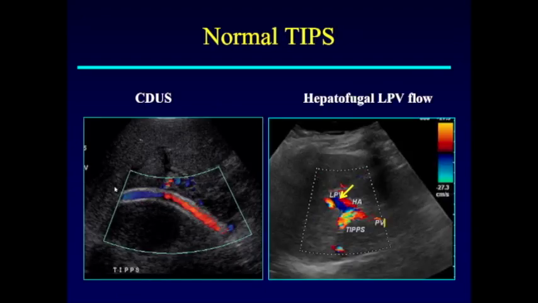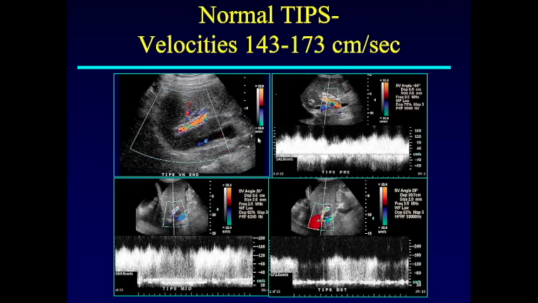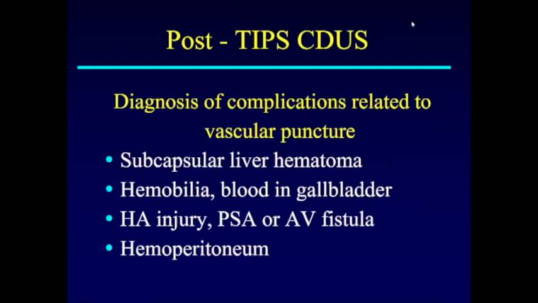So here you can see normal flow in the TIPS, and if you look at the left portal vein here, it is coming down towards the TIPS shunt in a hepatofugal flow fashion. That is normal. The velocities in this patient were between proximal, mid, and distal, anywhere from 143 to 173, so that is normal. This is a nice normal shunt.